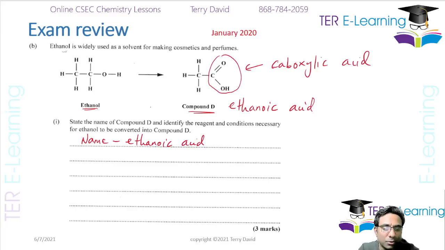So this one here, I want to know what my reagents and conditions are to convert ethanol into ethanoic acid. Somebody said oxygen is the oxidizing agent. When it comes to oxidizing agents, here's what we can use.